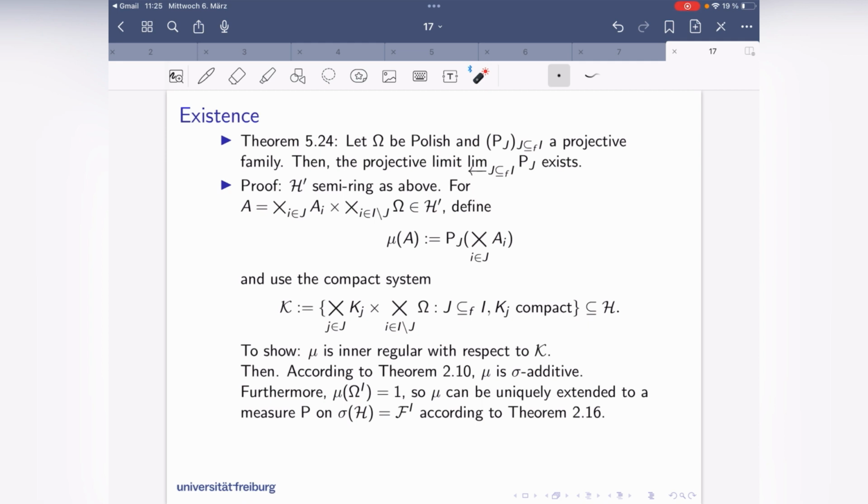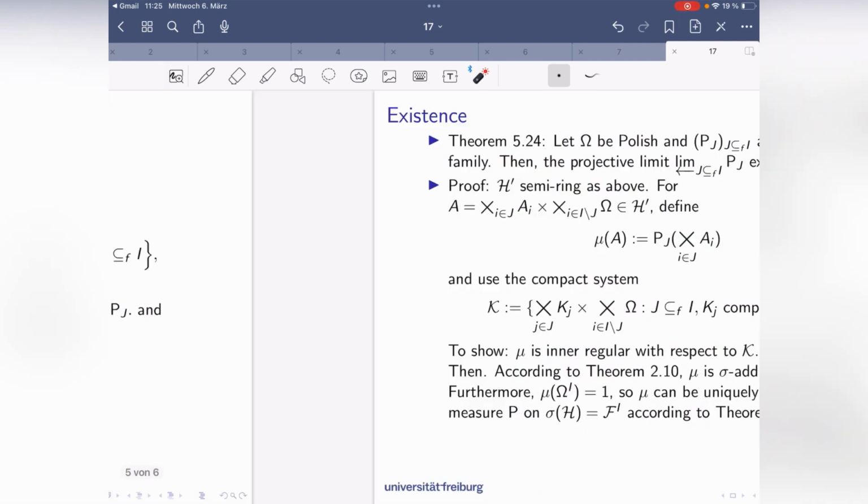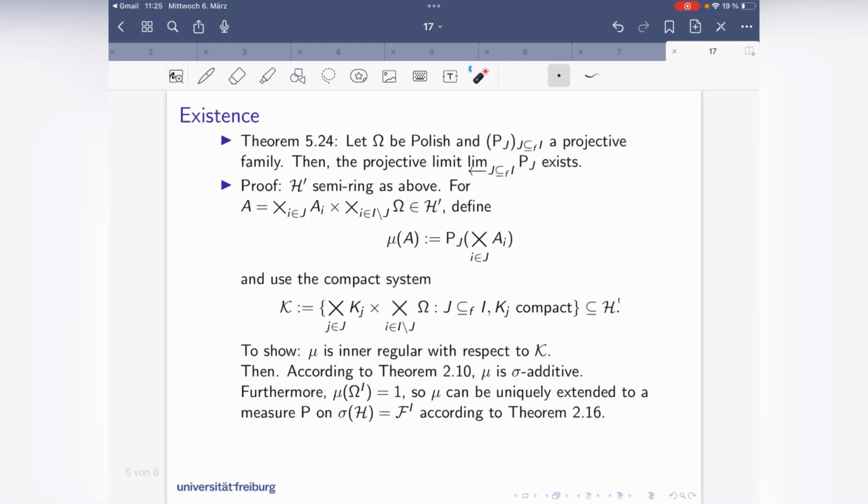That's a compact system, and that's part of H prime, because compact systems are measurable. And as we saw, we have to show that mu is inner regular with respect to K.